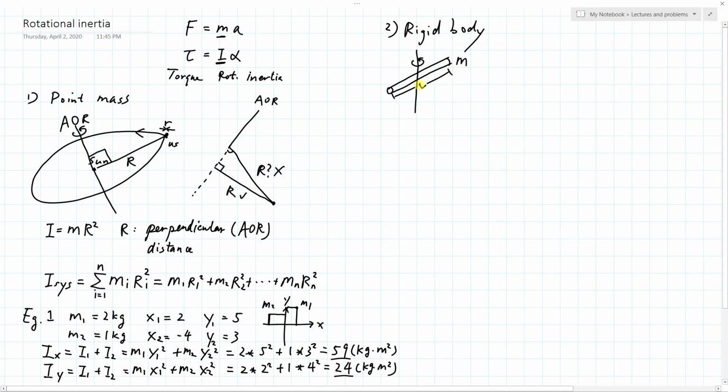So if I'm spinning my pencil through its symmetrical axis like this, what is the rotational inertia? Well, this value is related to the mass, related to the length. As we have already discovered, the unit depends on mass and the length squared, except that there is this factor here in front, and this factor is 1/12.